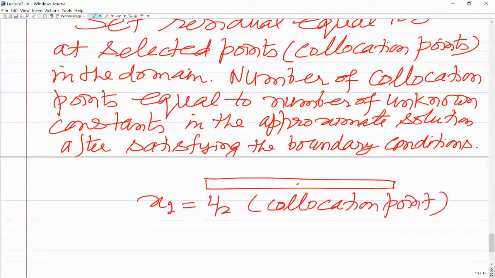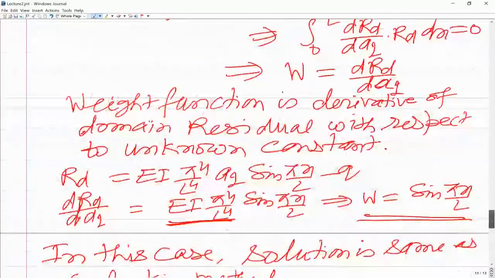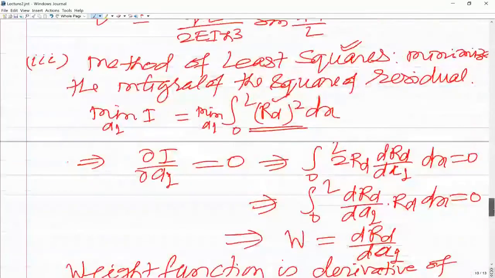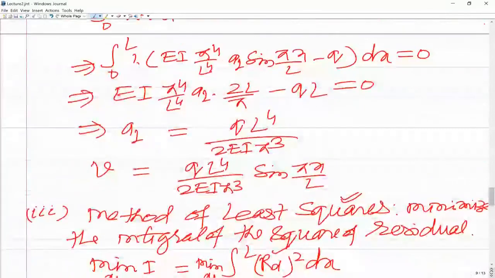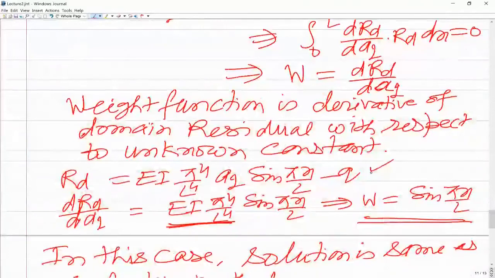I am choosing the center, and therefore we say that Rd, which is a function of x, is 0 at L by 2. This is Rd evaluated at L by 2, not Rd times L by 2. If you look at Rd, we already know it.